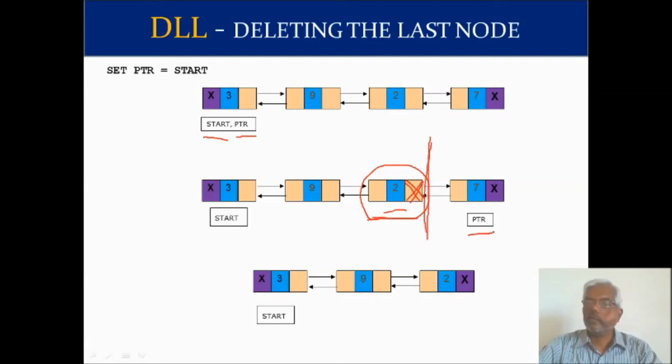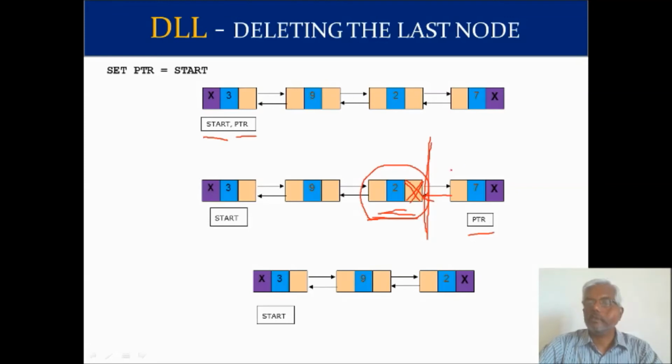If the last node is ptr, what is the name for this node? We can call it ptr's previous. But whereas in a singly linked list, if I want to give a name for this particular node, we use a variable called pre-ptr. This is the biggest difference between a singly linked list and a doubly linked list. We never use a variable called pre-ptr in a doubly linked list because there is already a pointer from the existing node to the previous node.